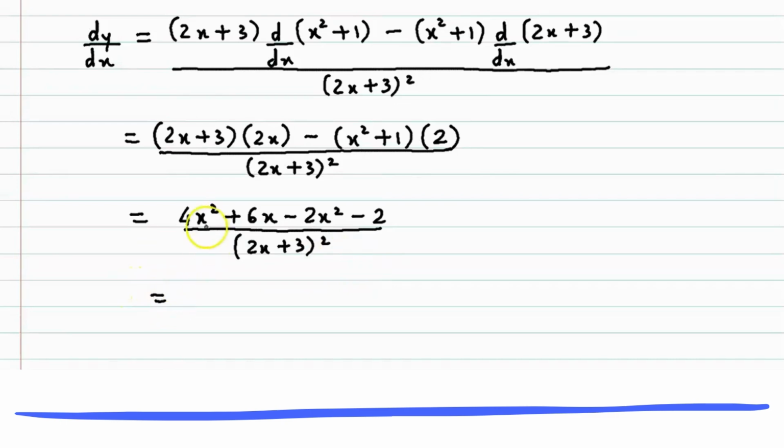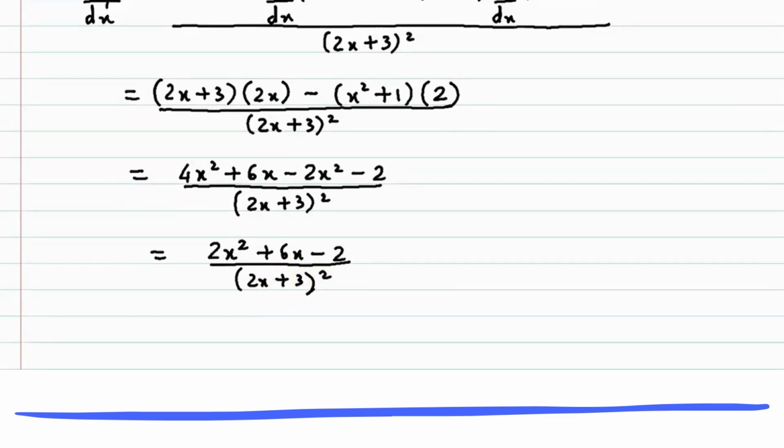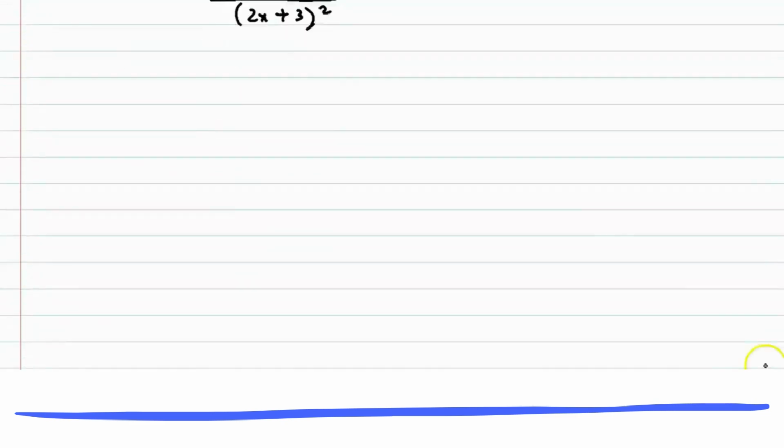Further, 4x square minus 2x square gives 2x square plus 6x minus 2 divided by (2x plus 3) the whole square. Now in the numerator we could take 2 as the common factor.